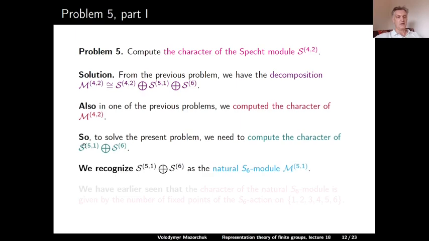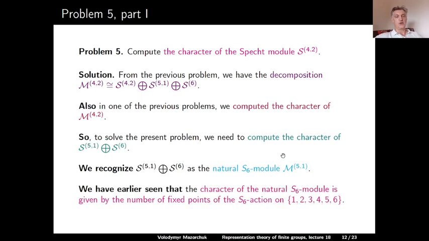But we know that S^(5,1) plus S^(6) is exactly the natural S6 module, which is also the permutation module M^(5,1). And we know that the character of the natural S6 module is given by the number of fixed points for each element acting on 1, 2, 3, 4, 5, 6. So if we write the cycle type of the element, it's just the exponent of 1 in that cycle type.